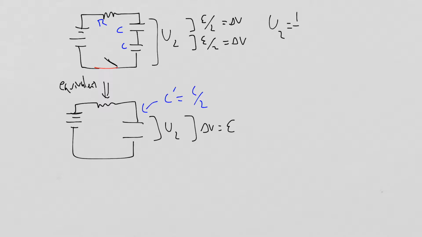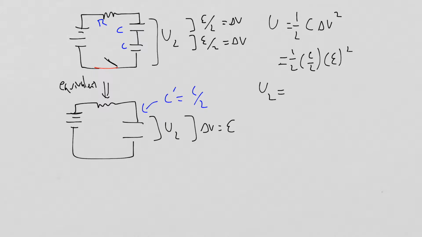So U2 is 1/2 C delta V squared. Actually, I should just write that as the energy stored in the capacitor. And now if we plug in what we know, 1/2 C over 2 epsilon squared. If you do it with the two capacitors approach, you have two terms. Each one contributes half of this total value, so it's going to have to be the same either way.